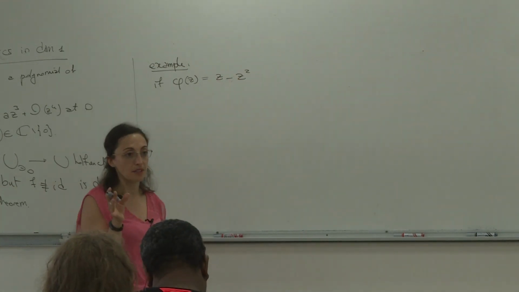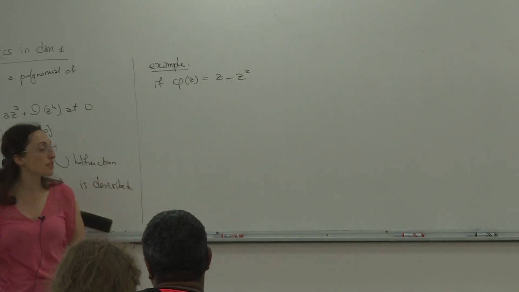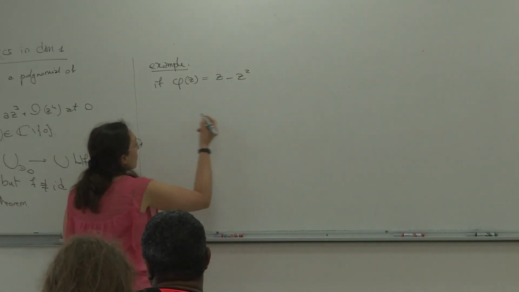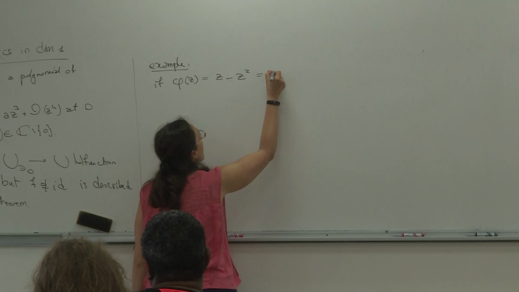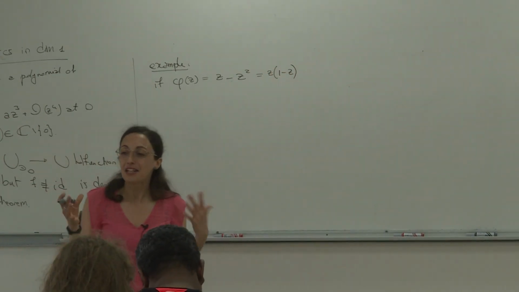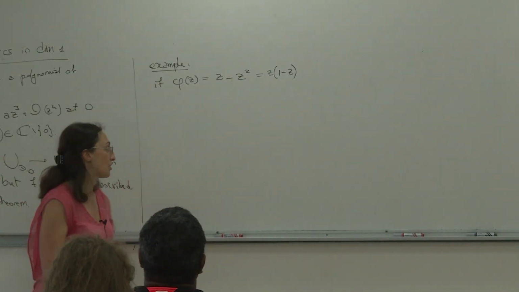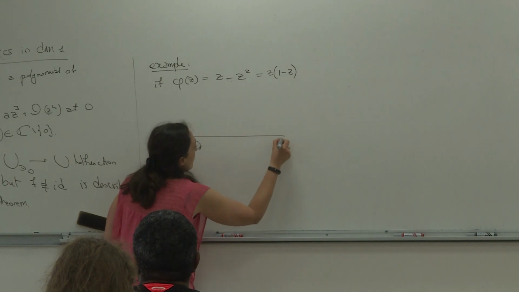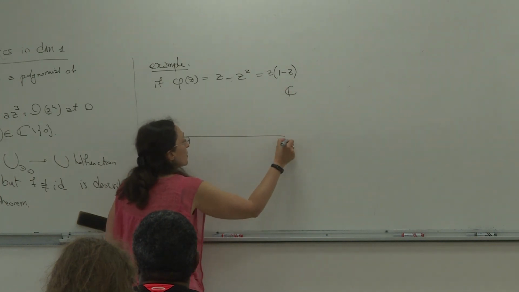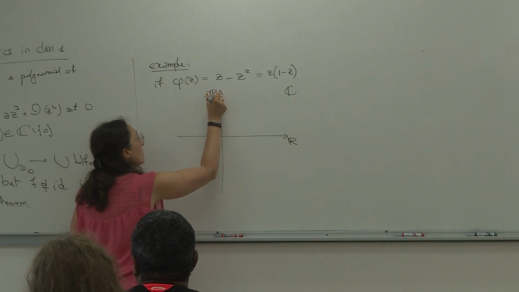Let me put a minus in here, just for the sake of simplicity. Well, you see that you can write this as z times 1 minus z. I know that it's completely stupid as an observation, but that's the observation. Because now, this is C. So this is the real line, and this is the imaginary axis.